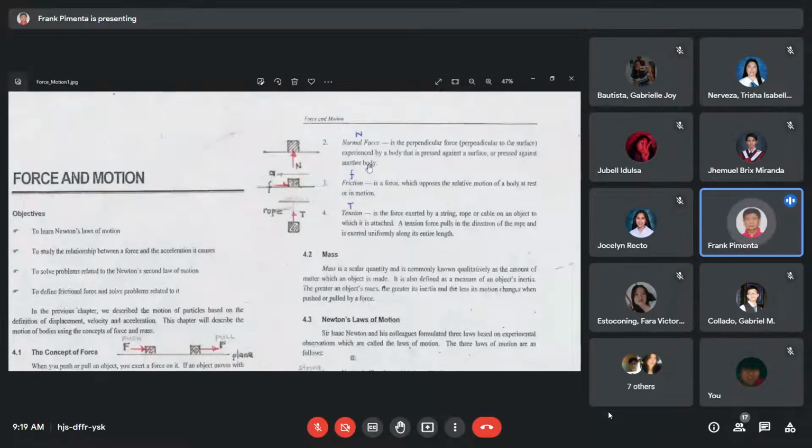Okay, let us continue. Normal force. The notation is N. What is the definition? It means that it is the perpendicular force. Perpendicular means the angle is 90 degrees. Okay, and this force is perpendicular to a surface, experienced by a body that is pressed against a surface or pressed against another body.